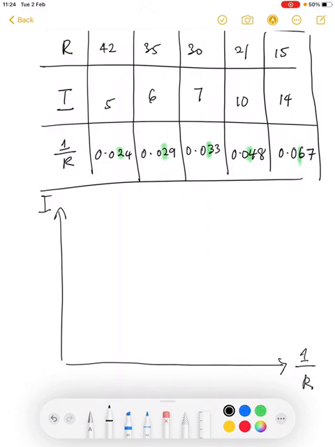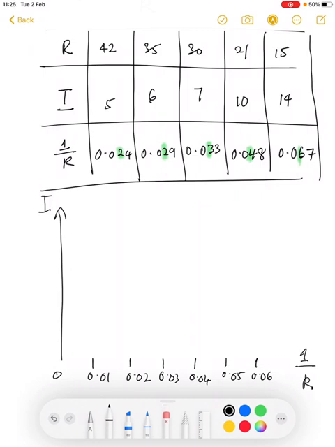So we start from 0, 0.01, 0.02, 0.03, 0.04, 0.05, 0.06, 0.07.